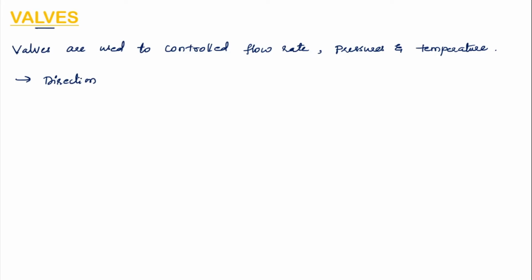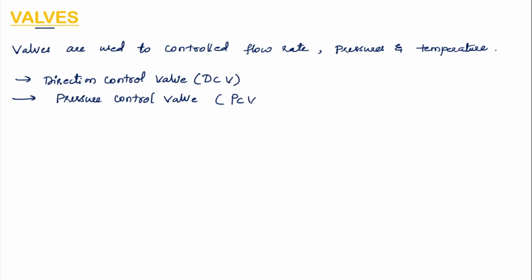Direction control valve, that is DCV, pressure control valves, that is PCV, and the next one is the flow control valves, that is FCV.